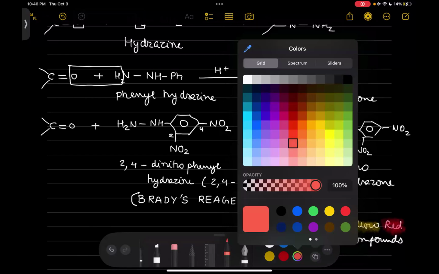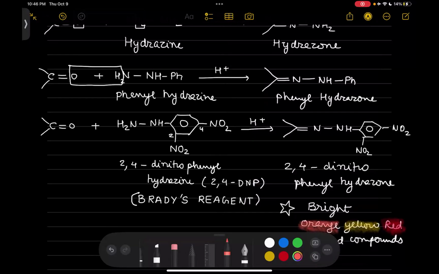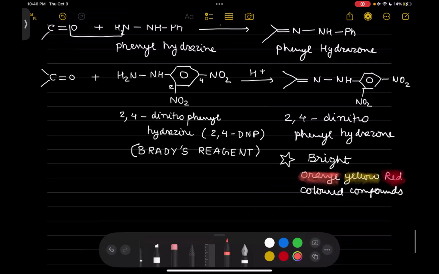Where do we apply these compounds? Because they are colored compounds, we can clearly make out that the reaction has taken place. And this 2,4-DNP test is used to detect aldehydes and ketones.